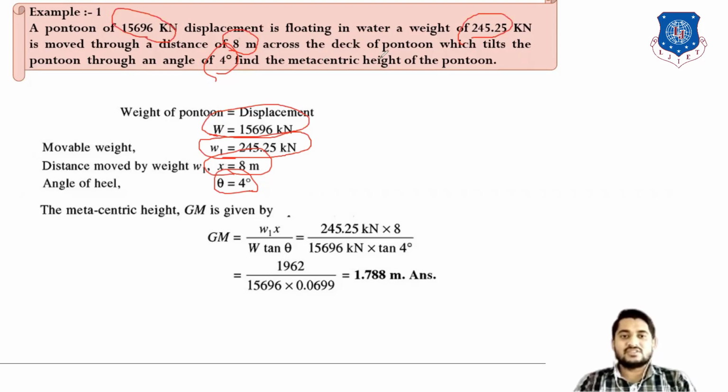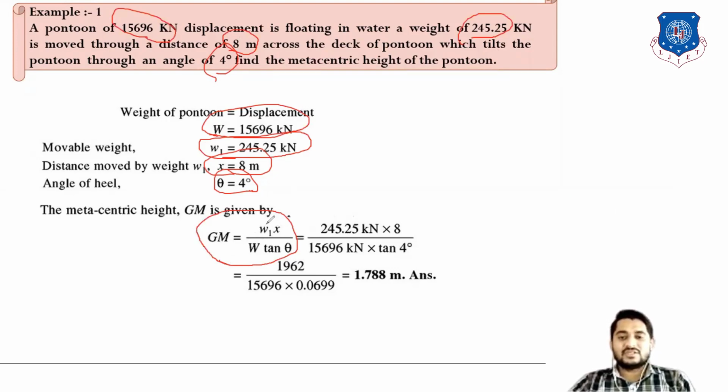In this situation, they didn't mention by which method you have to find out the metacentric height, but from this data you cannot find the metacentric height by the theoretical method. So we have to use the experimental method equation. GM is equal to W1x divided by W tan theta.